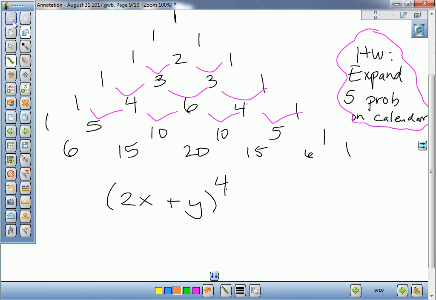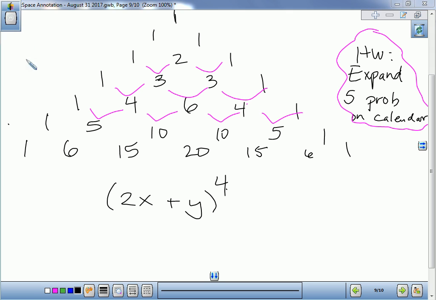And let me show you how this is really built when we're talking in terms of expanding a binomial. Pascal's is an expansion of a binomial. Like the first row represents x plus y to the 0 power, because anything to the 0 power is just 1. The second row is x plus y to the first, and if we raise this to the first power, the coefficients would be 1 and 1.